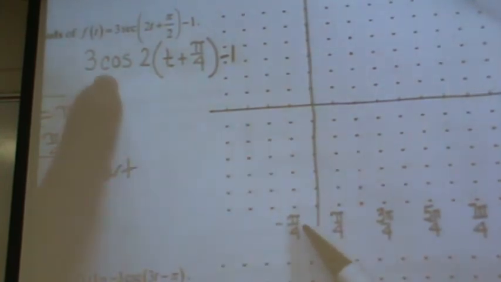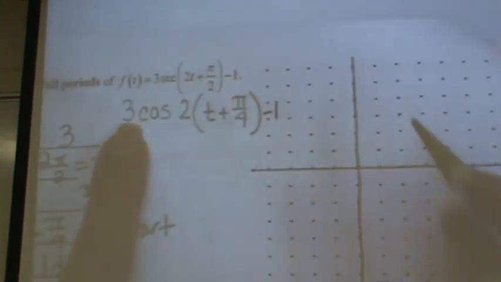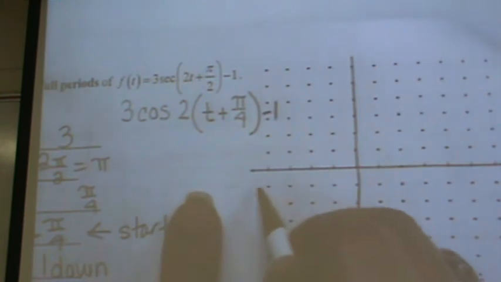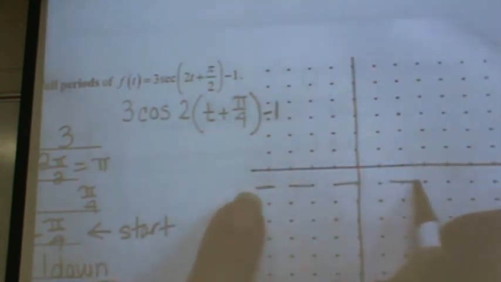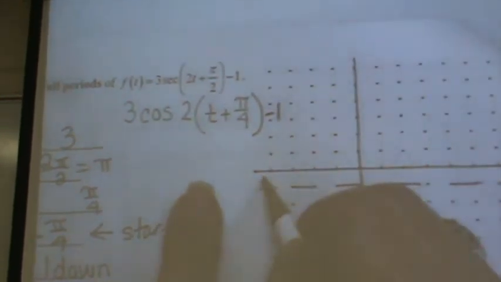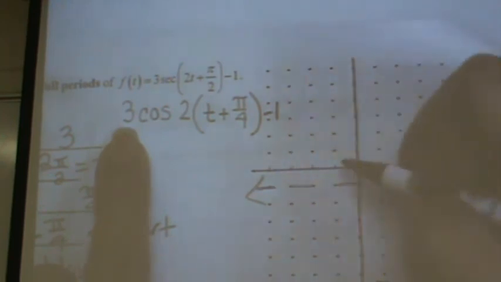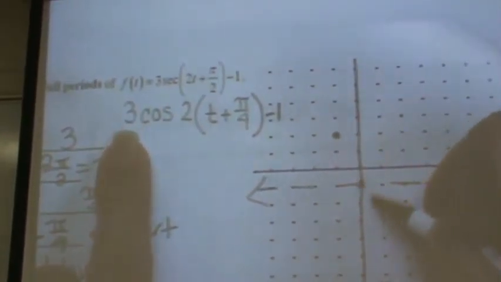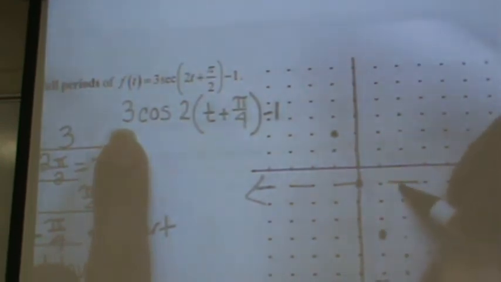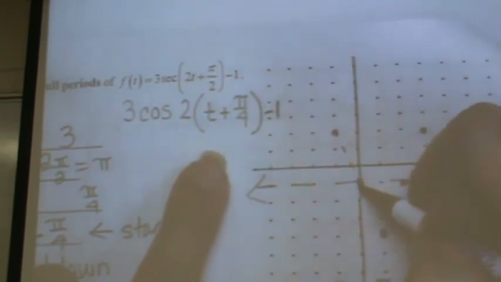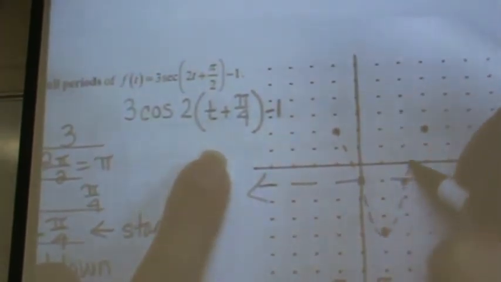So we're going to start here, and it's the cosine graph 3 up. Actually 1 down first, vertical shift 1 down, and you're going to go 3 up. 1, 2, 3. So it's above, on, below, on. That's 1 full period. Now when I do this one, I'm going to do a broken line.